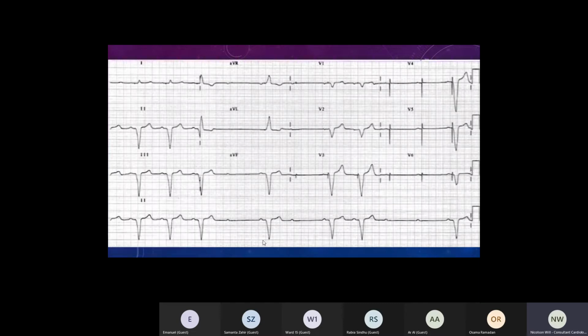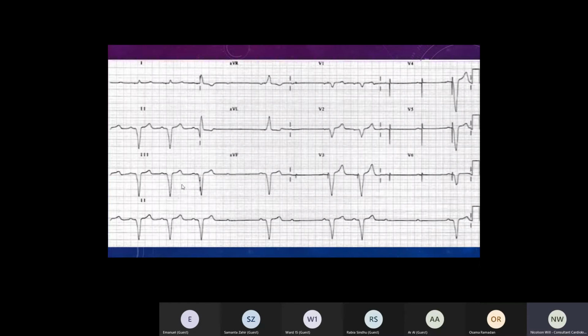Can anybody give me a full answer to what is going on here? That's maybe quite difficult to give me a full answer. So here we have sinus rhythm in the atrium, and at the start we have sinus rhythm and ventricular activation coming after the sinus beat.